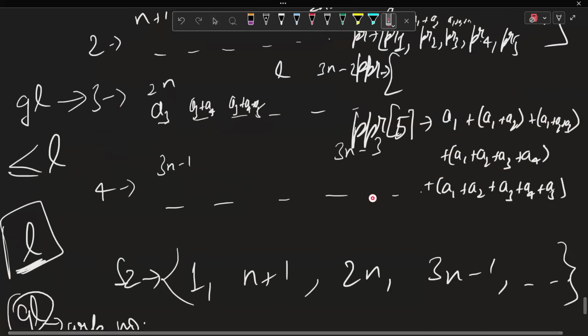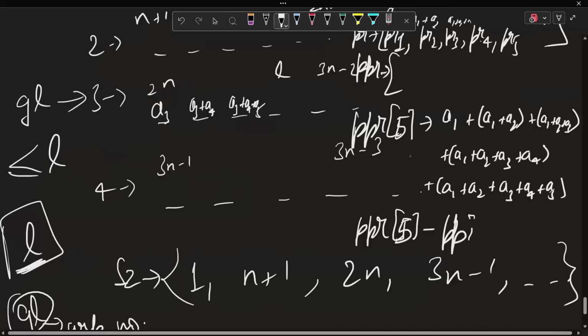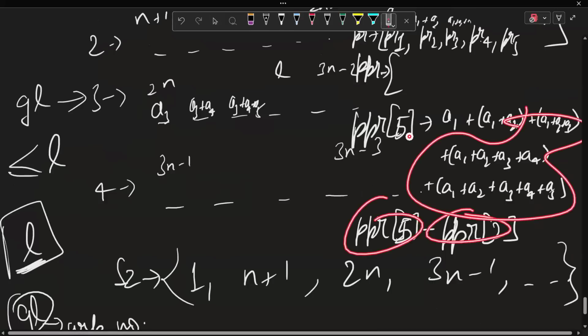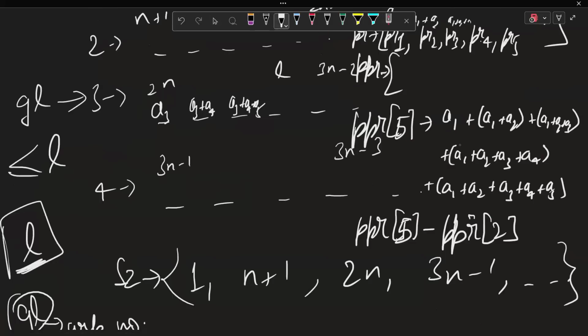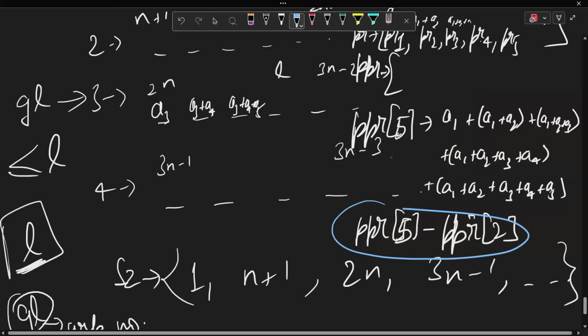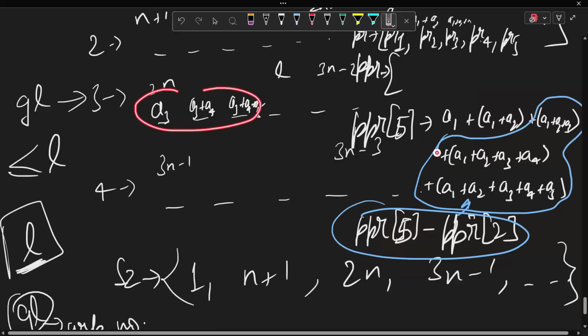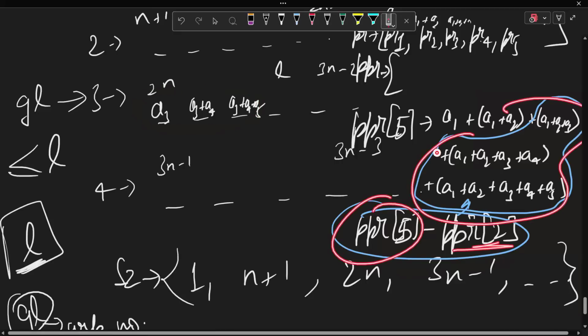So this sum is actually PPR of 5 minus PPR of 2. This minus this is going to give me this, where PPR of 2 is subtracted. If I want to compute this sum, the prefix of prefix sum 5 minus 2 is going to give me this.